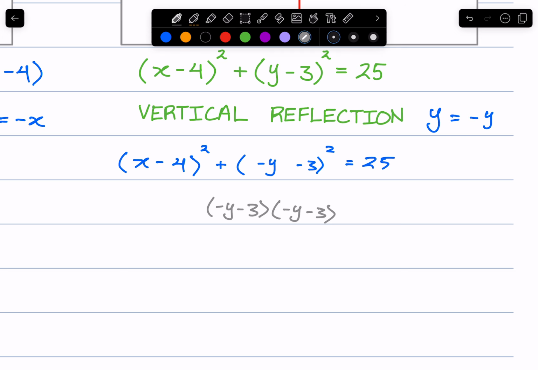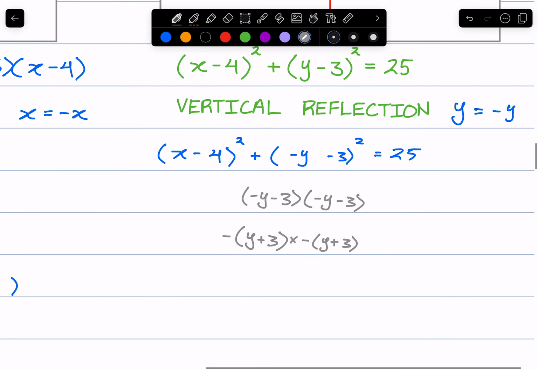I'm going to factor out negative 1 from this first group, so negative y plus 3. And in this group, I'm also going to factor out negative y plus 3. And remember, there's a times in between this. And so now these two negatives cancel.